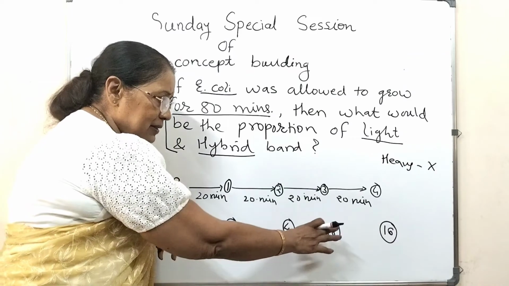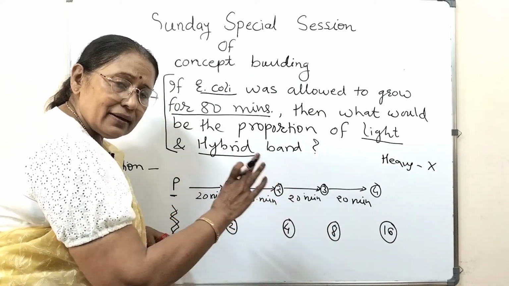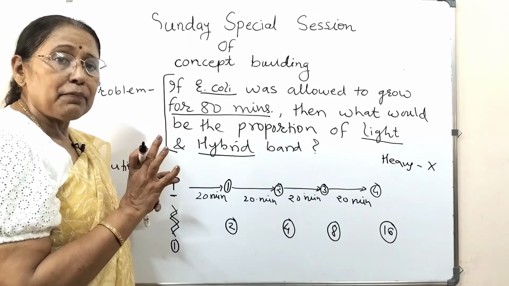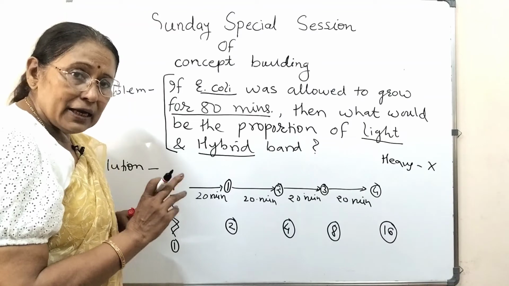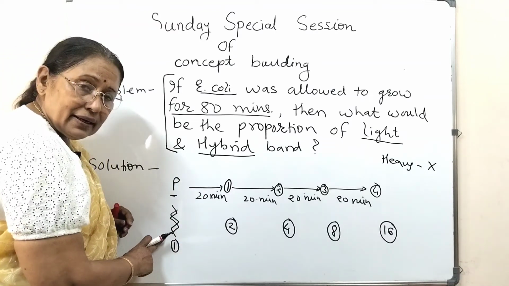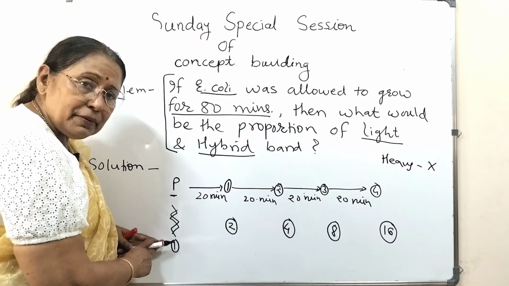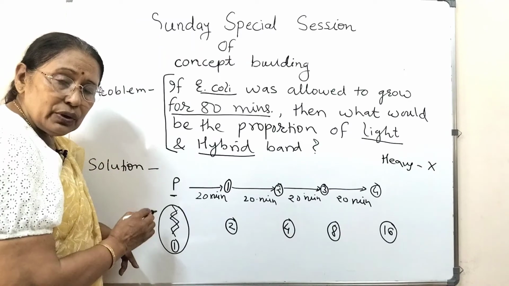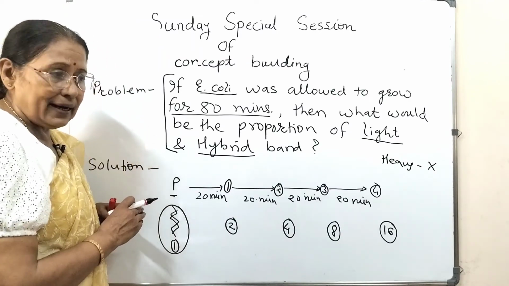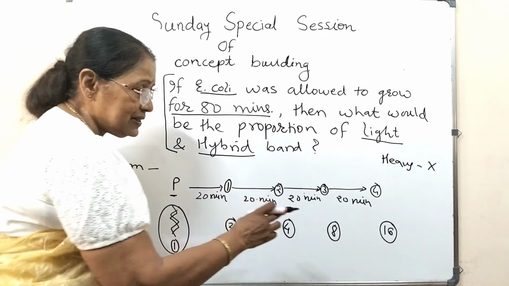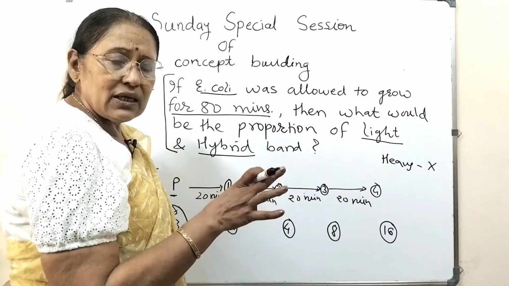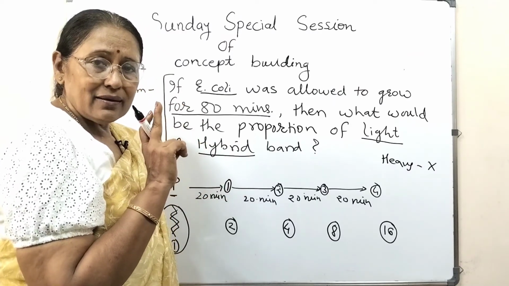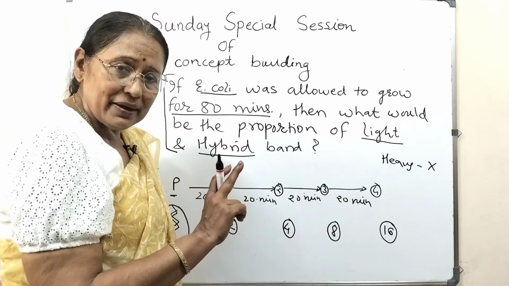And after that, you have only counted the number of DNA molecules formed. Now for heavy, light and hybrid, you don't need to do any calculation again. These two strands of the parental DNA have separated. This is the only heavy DNA, only 2 heavy DNA strands. That means out of this 16, or it may be 160 or 1600, whatever, only 2 will be hybrid. You are understanding why only 2 will be hybrid?